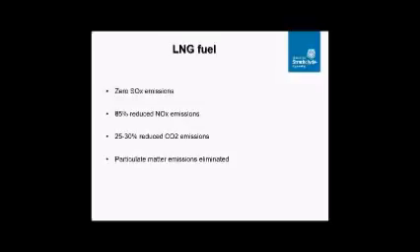Also, since there is excess oxygen available, the combustion process is more efficient and more power is produced for the same amount of fuel. We can also say that the carbon oxide emissions are reduced by about 25 to 30% thanks to the low carbon to hydrogen ratio fuel, and emissions of particulate matter are almost eliminated.